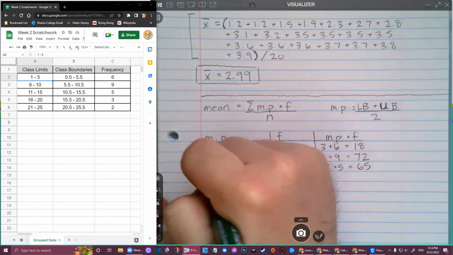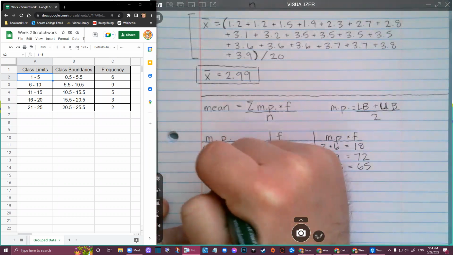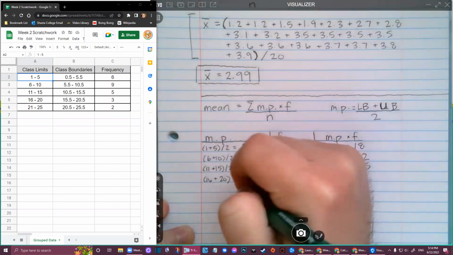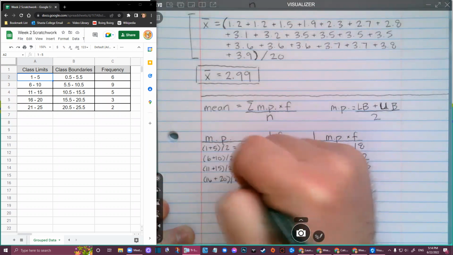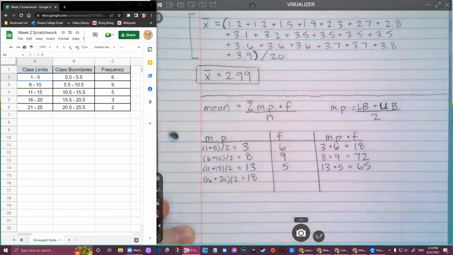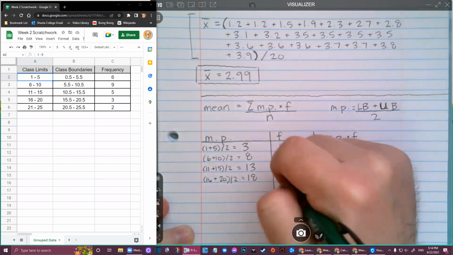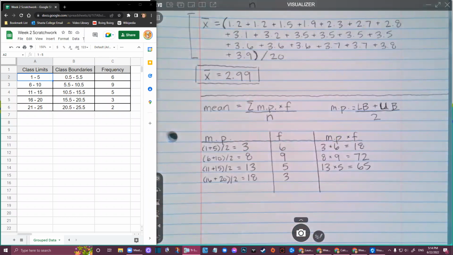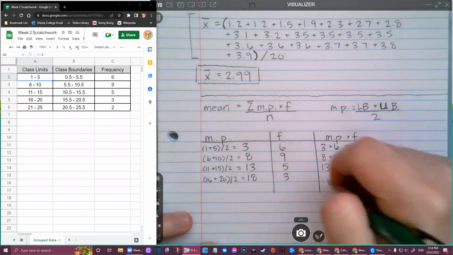Next one is 16 plus 20, which is 36, divided by 2 is 18. And then we have 18 times 3, and 18 times 3 is 54.